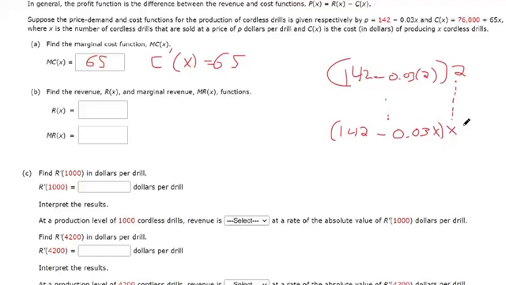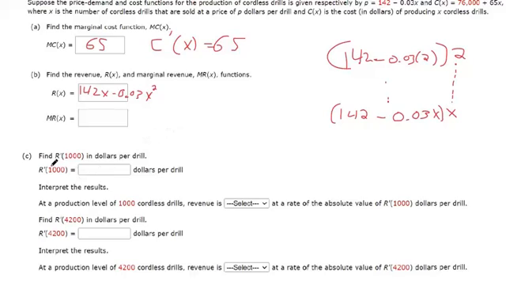You multiply those two together, and you get your total revenue. So if you distribute that, that's 142X minus 0.03X squared. And then, just like before, in calculus marginal revenue is the derivative of revenue. So you just have to take the derivative of revenue to find your answer here.